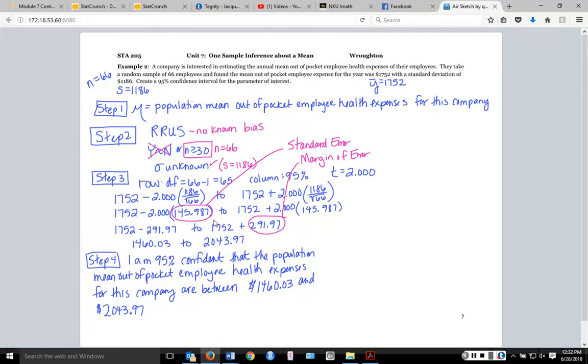Now, a careful word, because it's actually pretty important, is that we need to have this word mean. This mean here is going to be an important word, because I want to talk about that for a moment. I am talking about the mean out-of-pocket employee expenses here. I'm not talking about individual people's health expenses. This is the mean.